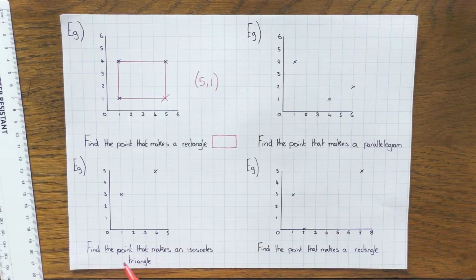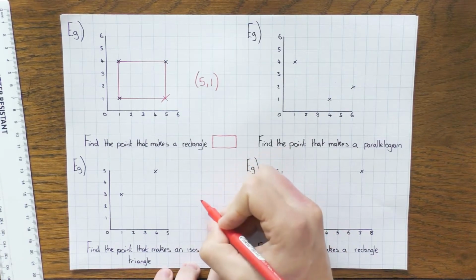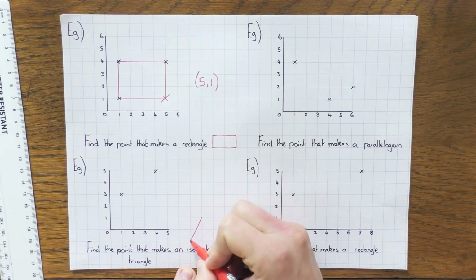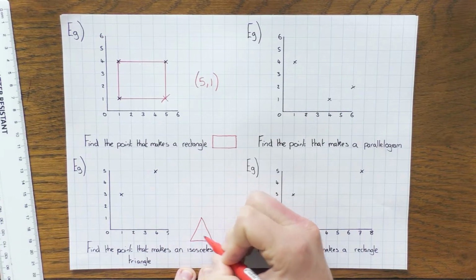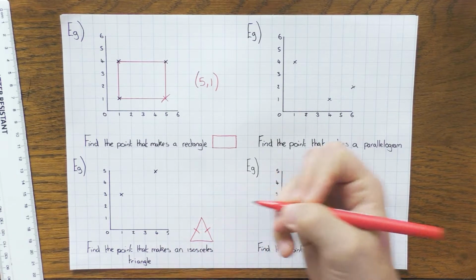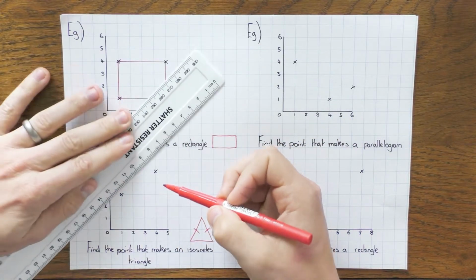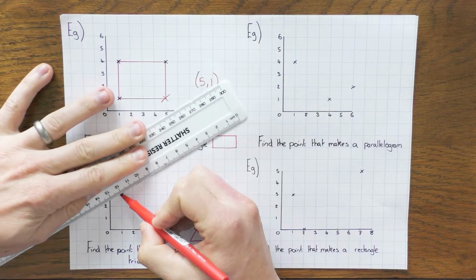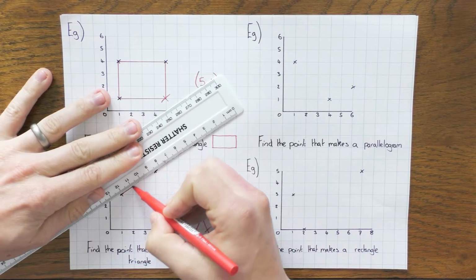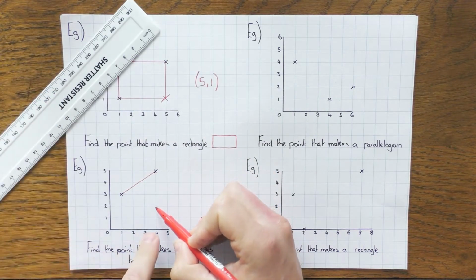This one here says find the point that makes an isosceles triangle. So remember, little sketch, an isosceles triangle looks something like this, where these 2 sides are the same length. When you join these up together, you might be thinking, okay, it needs to be somewhere like here.